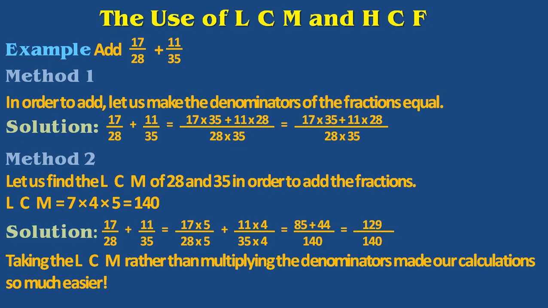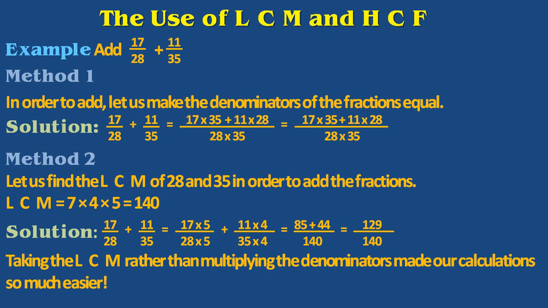As I told you in method 1, whichever number we multiply in the denominator should be multiplied in the numerator. Since 28 into 5 is equal to 140, 17 will also be multiplied by 5. Same here, 35 multiplied by 4 is going to give you 140, so you will multiply 11 into 4 also.